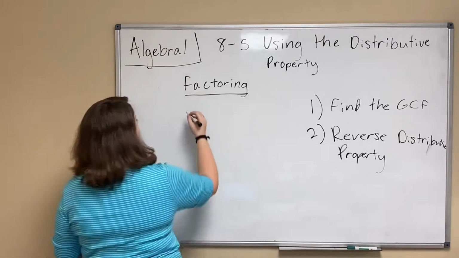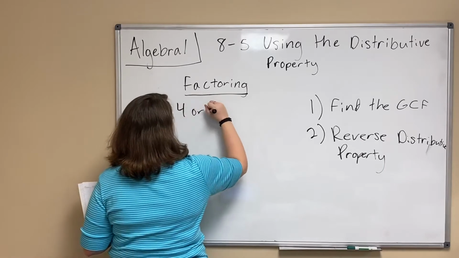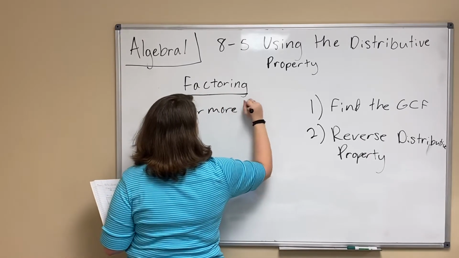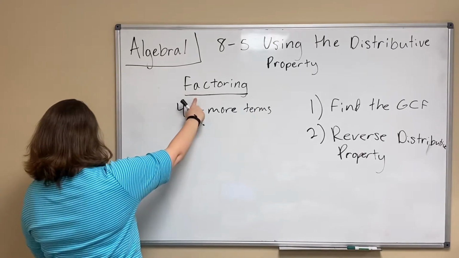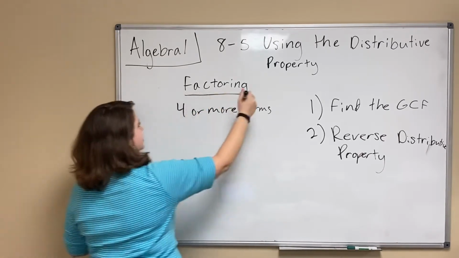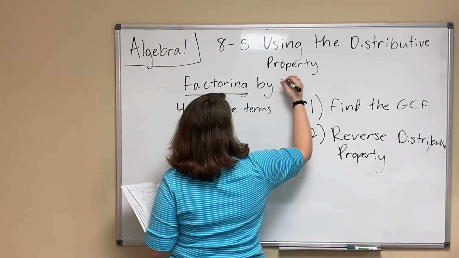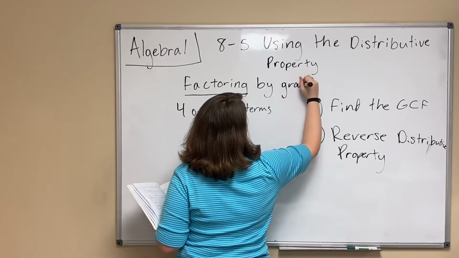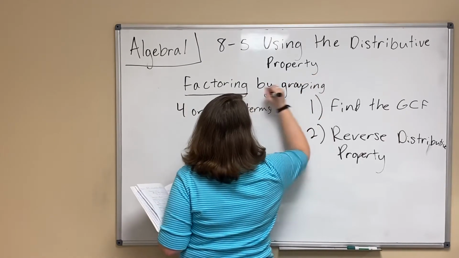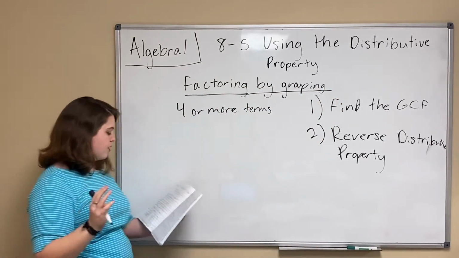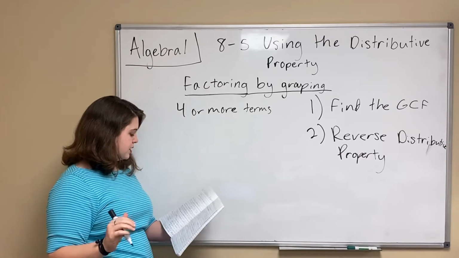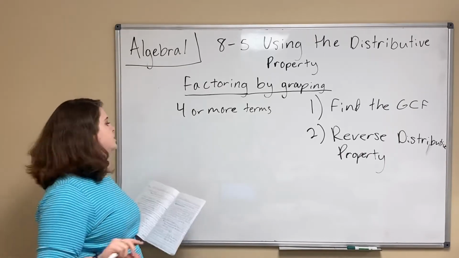Now when you have 4 or more terms, we're going to still factor it, but this time we're going to do factoring by grouping. That's when we have 4 or more terms. So again, let's walk through an example together.